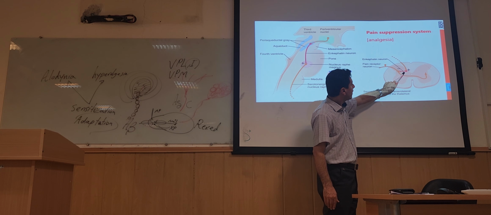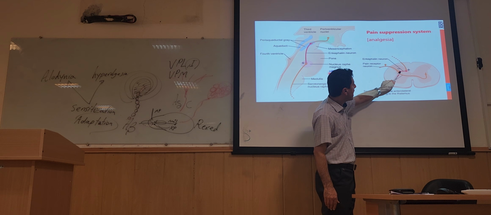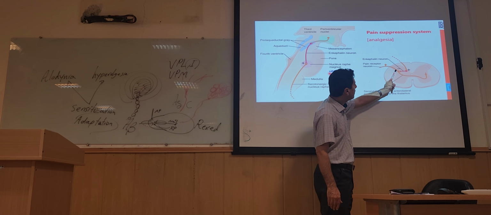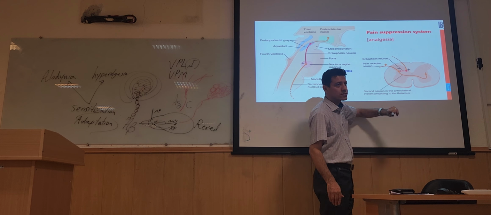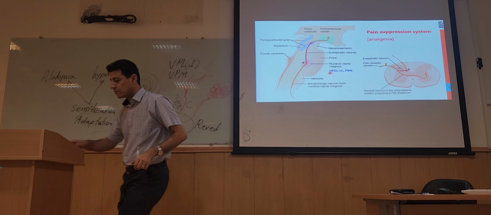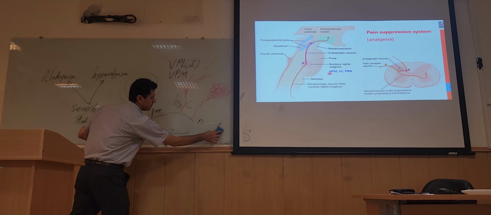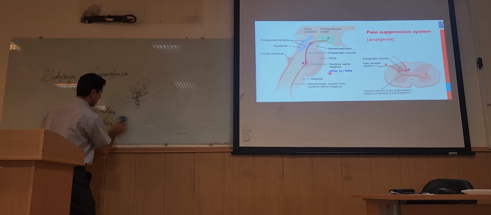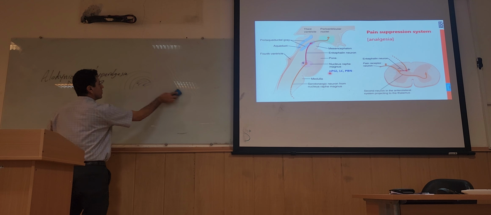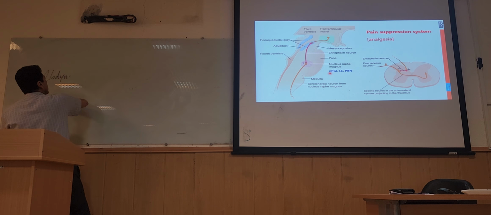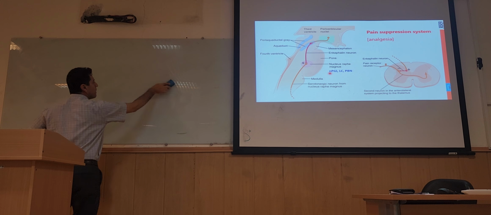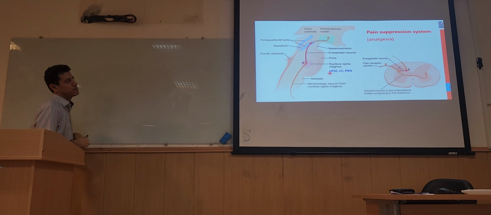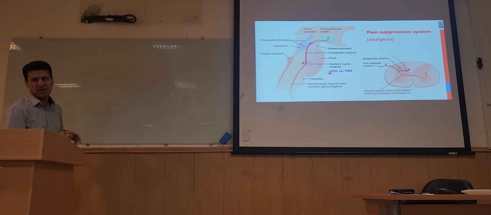They inhibit the synapse between C fibers and A delta fibers and neurons in the spinal cord. This way they can decrease pain. It's mainly for slow pain, but maybe also for sharp pain.